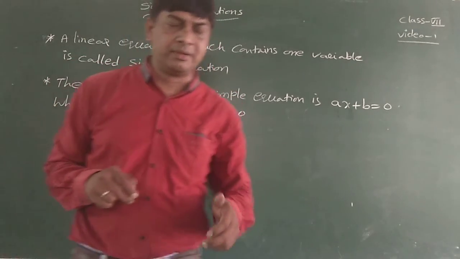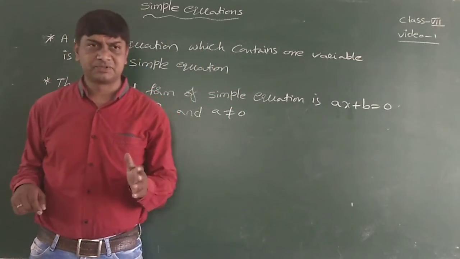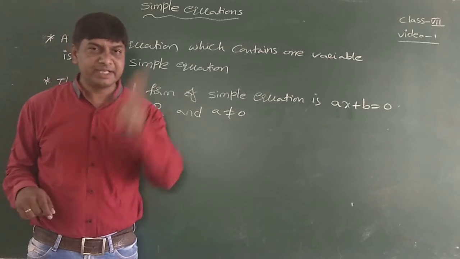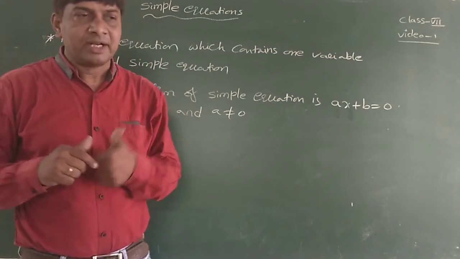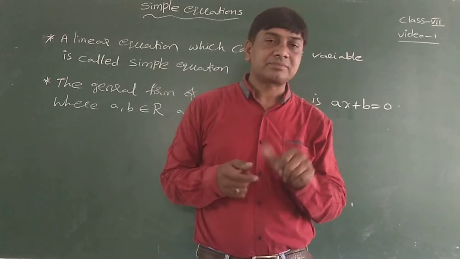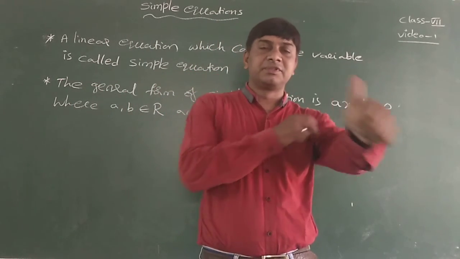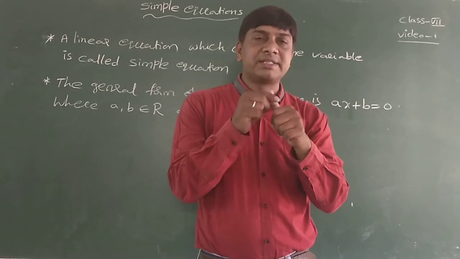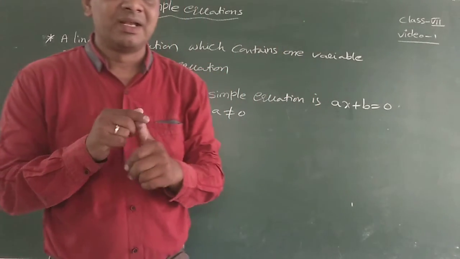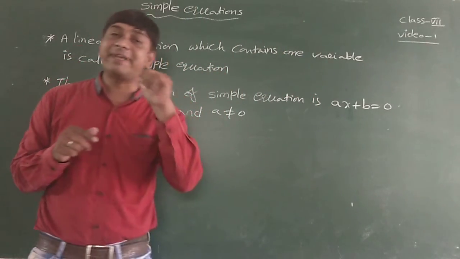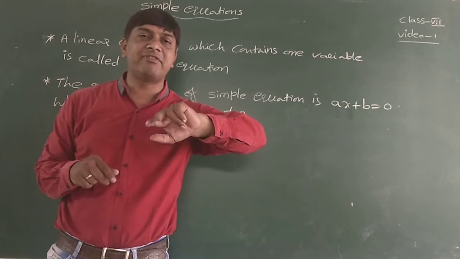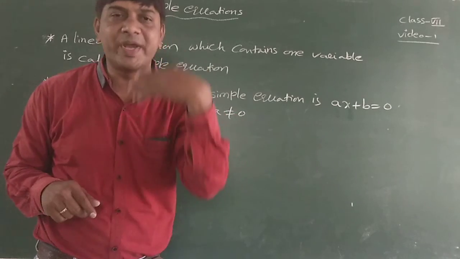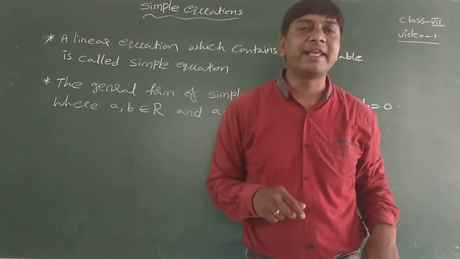Now I introduced an equation first, after that linear equation, and in that, simple equation. Just recall it. What is the first one? An equation: a statement of equality of two algebraic expressions involving one or more variables is called an equation.